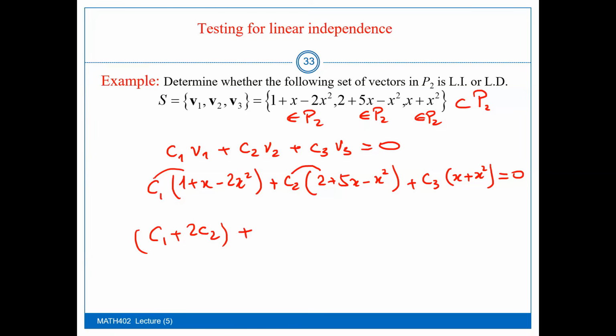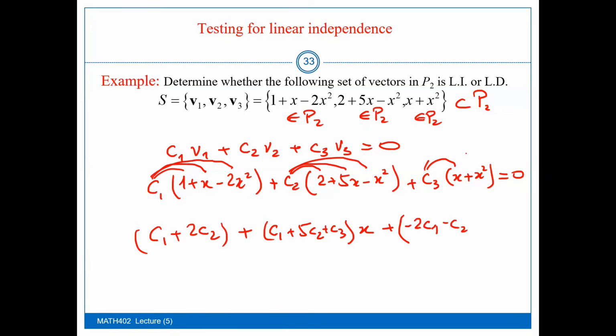As terms in x we'll have C1x, 5C2x, and C3x. And in terms of x square, we'll have minus 2C1 minus C2 plus C3, x square equals 0.